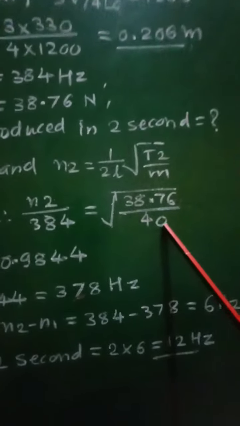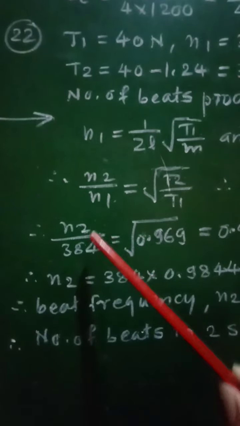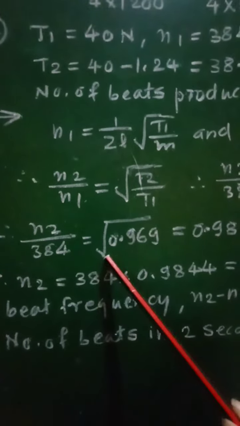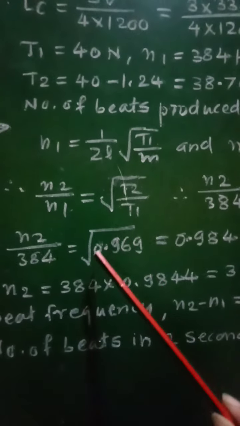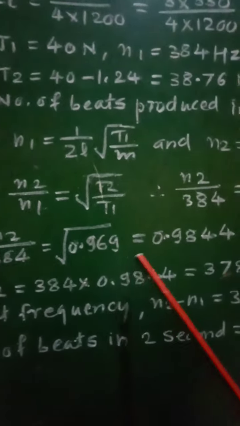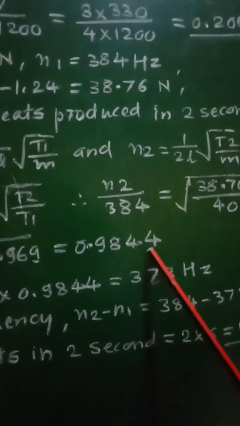And therefore we can write N2 upon 384 equal to square root of 38.76 divided by 40. We will get N2 upon 384 equal to square root of 0.969, which comes out to be 0.9844.